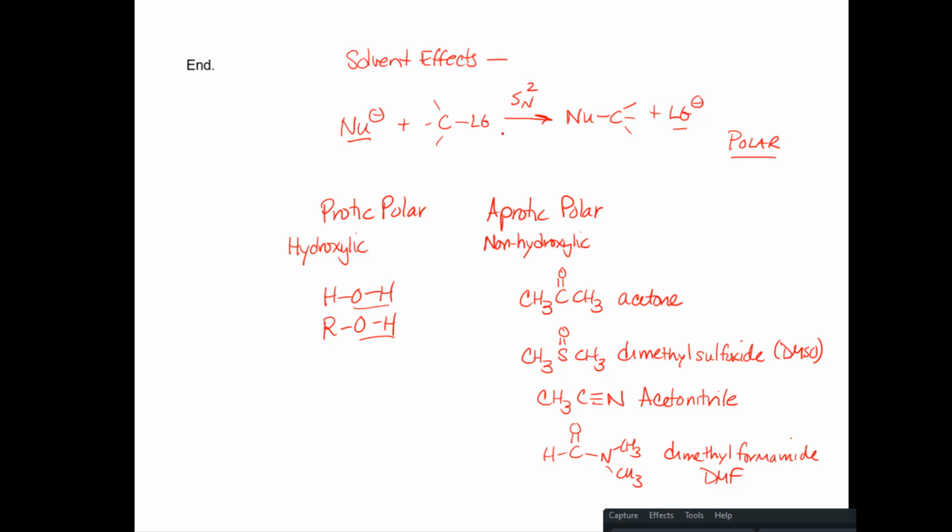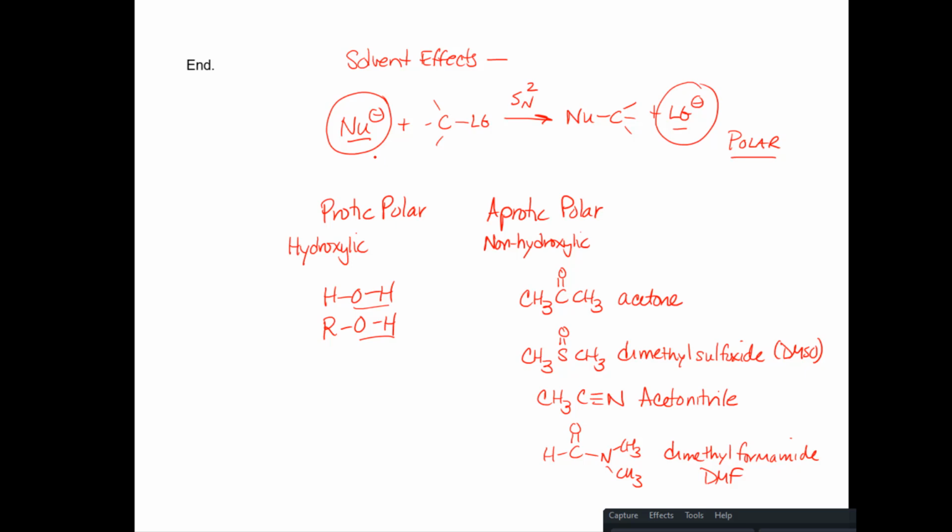Now, which solvent is going to speed up or slow down an SN2 reaction? Well, let's think of it this way. I have two sets of ions here, a nucleophile and a leaving group. In this reaction, what I'd like to do is not slow down the nucleophile attacking this carbon. So how do I not slow down the nucleophile?